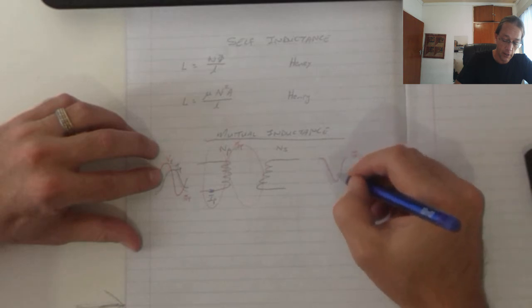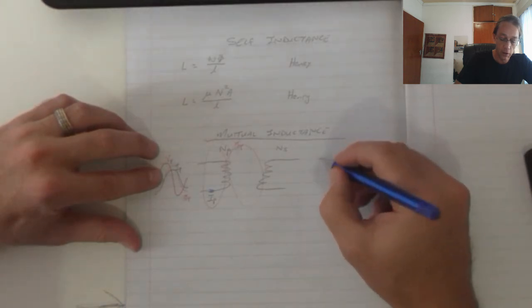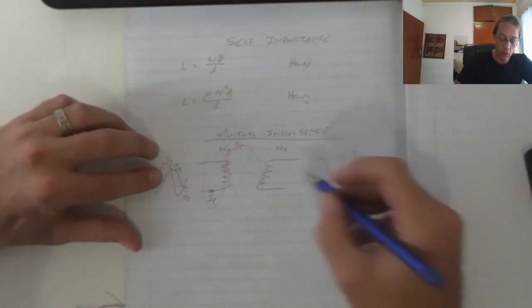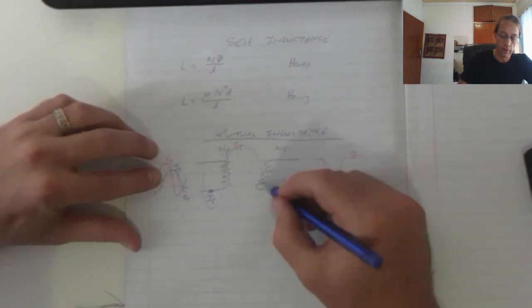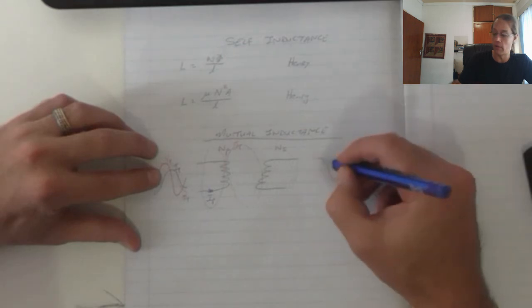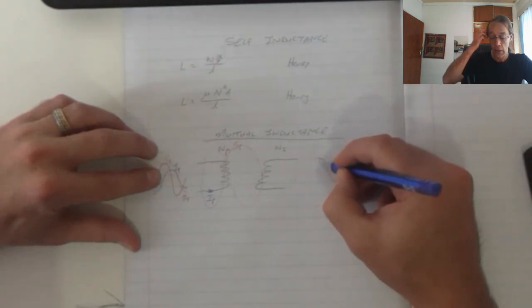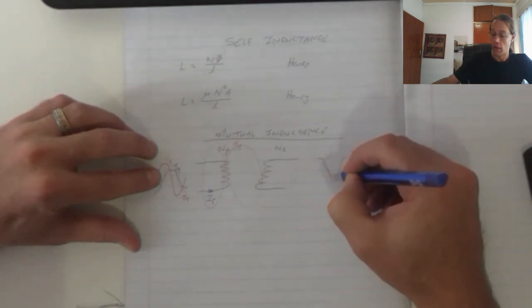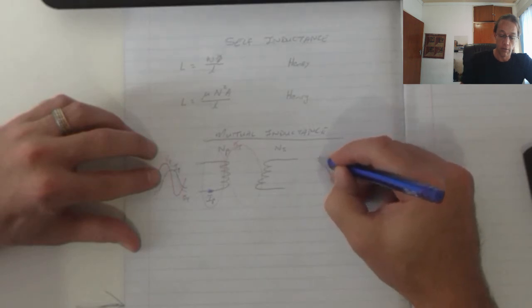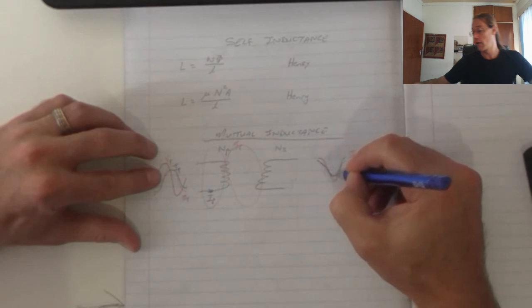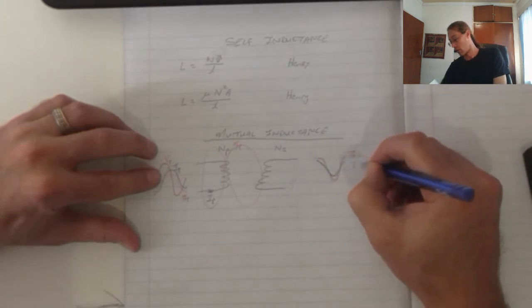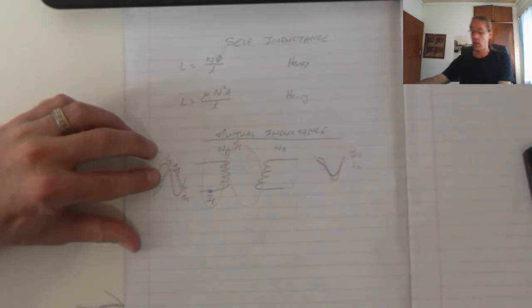Because I've got this magnetic field flowing, if this circuit is closed, I will generate a current that flows through there. That current is proportional to that magnetic field. As a result, I will get that cosine wave for my secondary current.